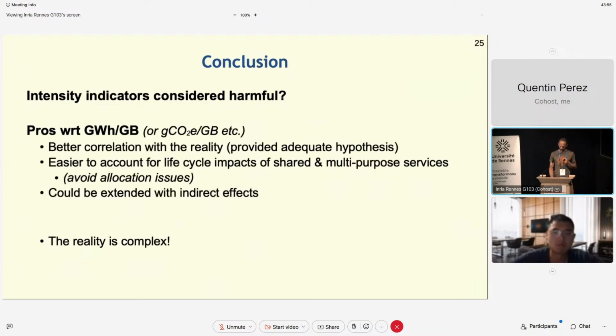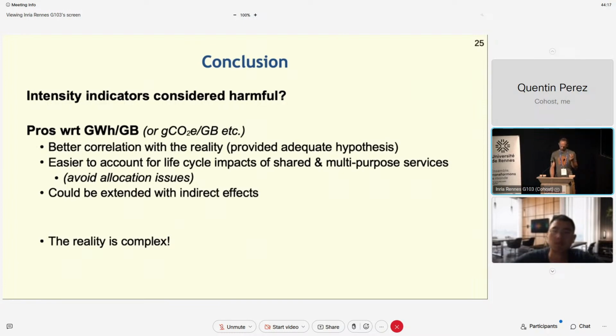So I hope I managed to convince you to be extremely careful with such indicators, and if not, I have a few more arguments for our approach, but I see I'm running out of time. Is it okay? Yes, okay. So first, we argue that it is better suited to properly account for shared and multiple-purpose equipment or services.